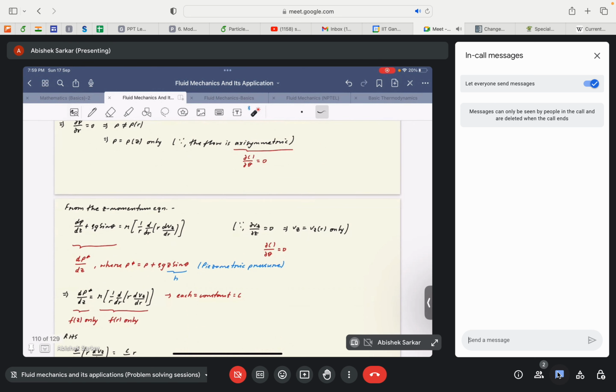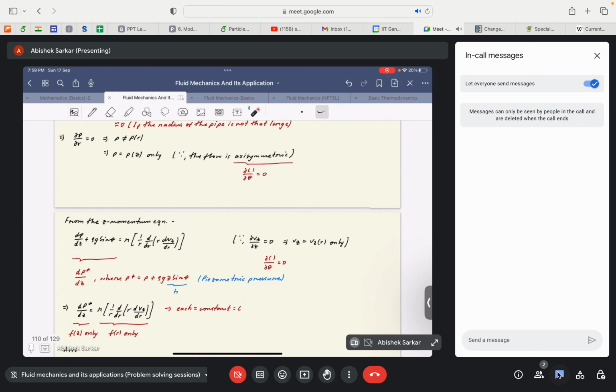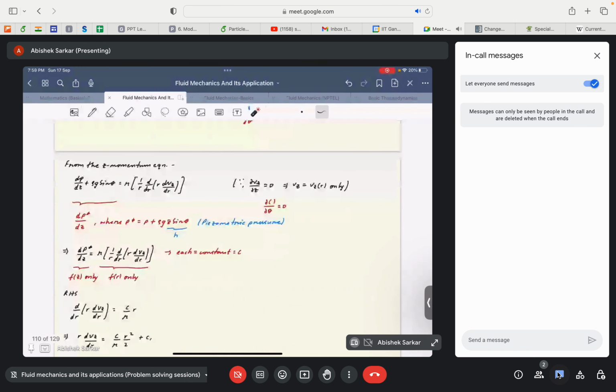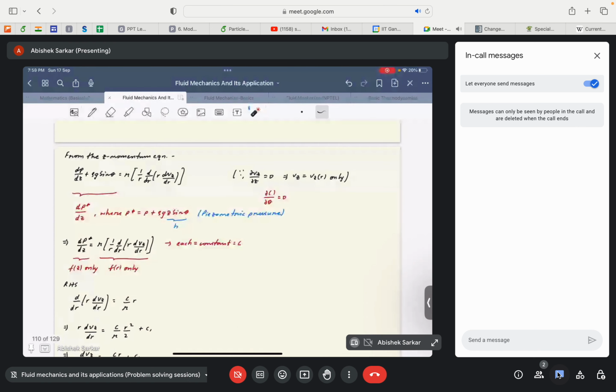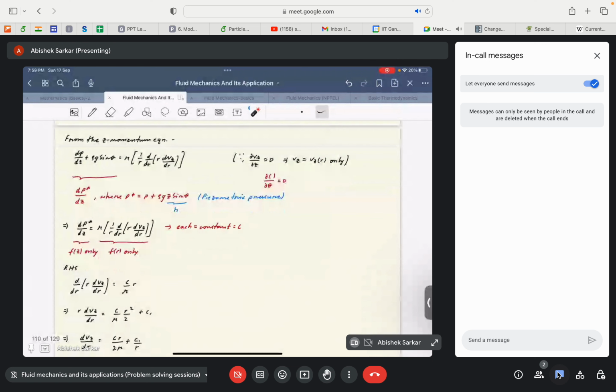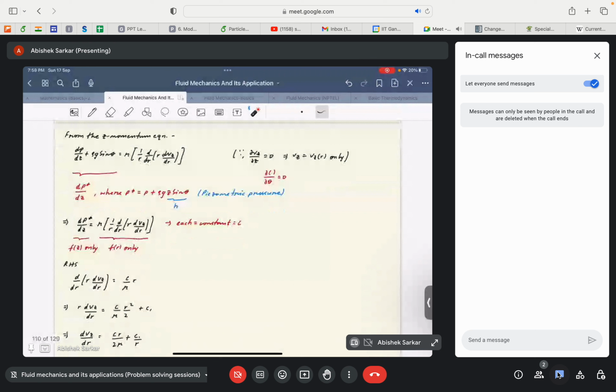Okay, so again this term on the right hand side can be handled by taking the pressure in terms of a piezometric pressure. So instead of dealing with P only, we deal with P star now. So P star will be equal to P plus rho g z sin theta. Obviously if we take the derivative of this term, we will end up with this term, right?